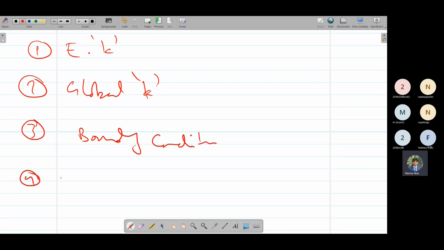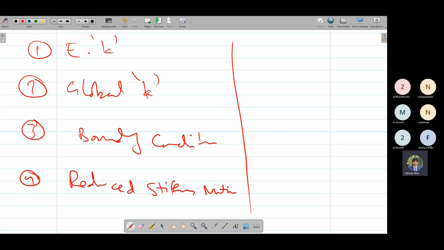In the fourth step, we reduce the global stiffness matrix and find the reduced stiffness matrix. After that, we simply take its inverse and multiply it by the force vector and calculate displacements.